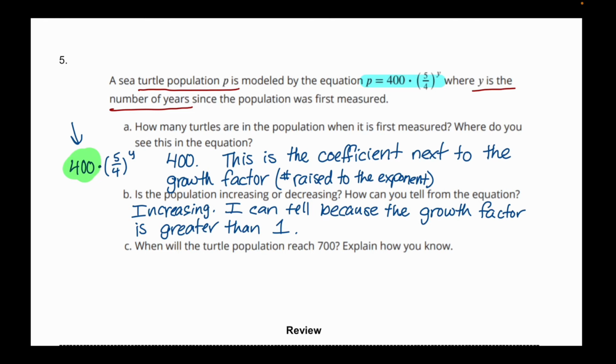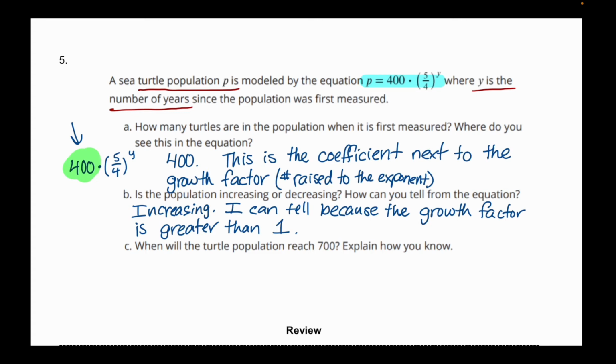So I am actually going to use a calculator to check my numbers as we go. You can also use a graphing calculator to look at your graph of this. So I'm just going to use a scientific calculator and plug in some numbers here until I find the actual amount. So let's say 400. I'm going to multiply that by 5 over 4.